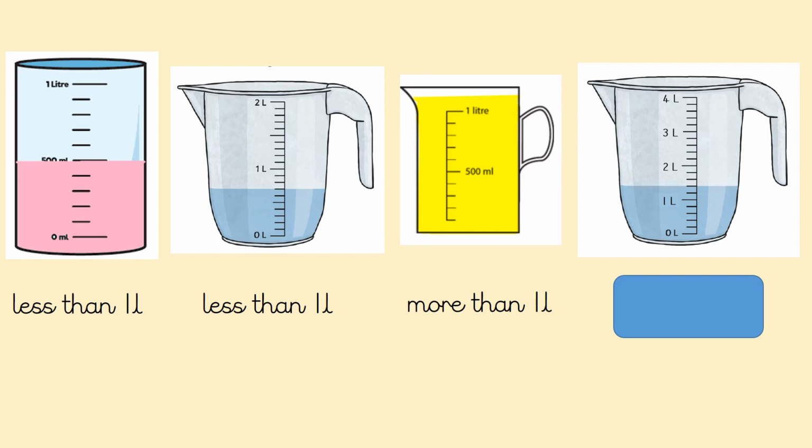So look carefully on the jug, and can you see where it says 1L for 1 litre? The water line has gone over that 1L mark. So that must mean that there is more than 1 litre. Again, the yellow jug and the last jug, they look quite different, but they both show more than 1 litre.